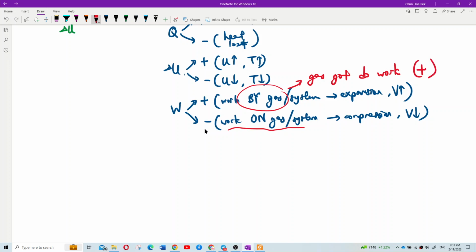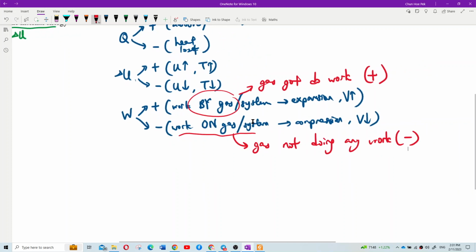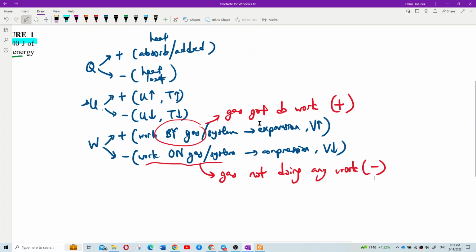Gas not doing any work, negative lah. Can remember like that, class? If the gas got do work means positive. If the gas not doing any work, negative. I think that's an easier way to remember.